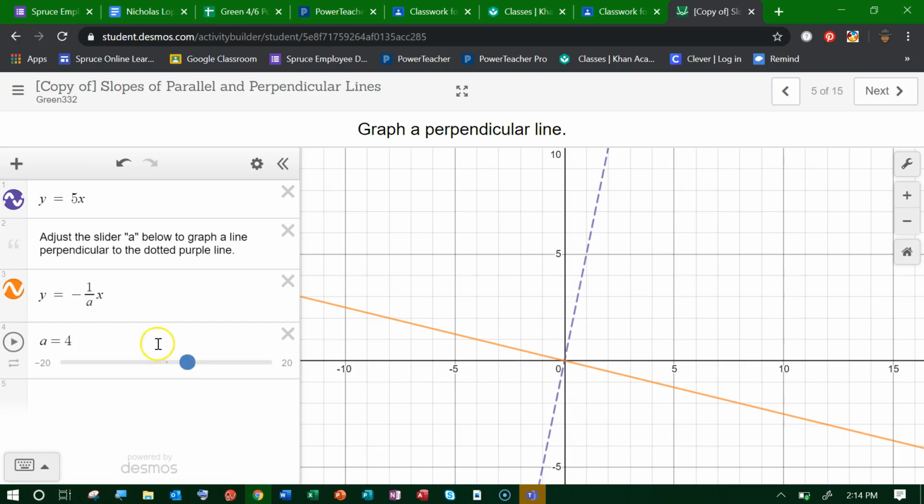I'm noticing that my original line is 5a, and my line is negative 1 over 4a. So something tells me if I make this a 5, that looks pretty close there. So now notice that a is 5. Okay, so my line is y equals negative 1/5 a. That's what my line is. Okay, so let's go to the next.